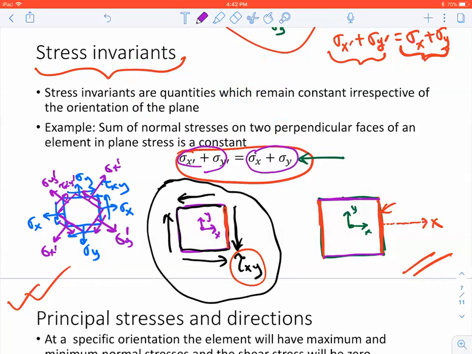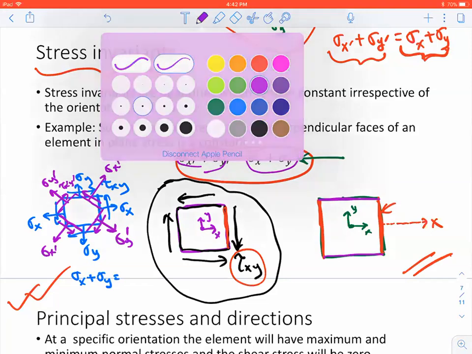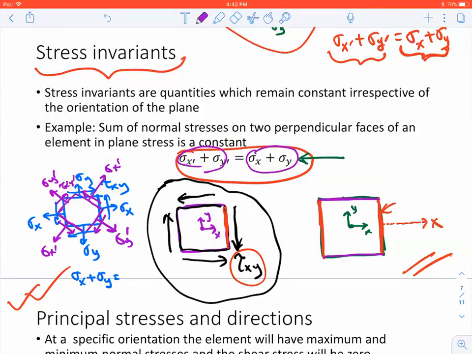So for the blue stress element, what is the summation of your normal stress? It is sigma x plus sigma y. Whereas for the purple one, your normal stresses are sigma x prime and sigma y prime. So what is the summation? Sigma x prime plus sigma y prime.